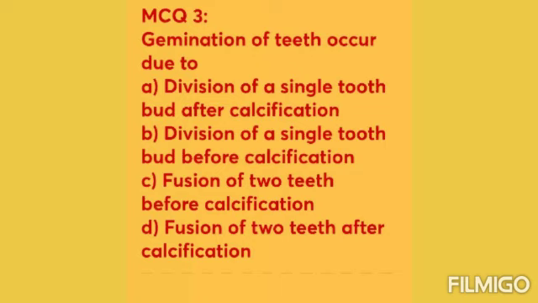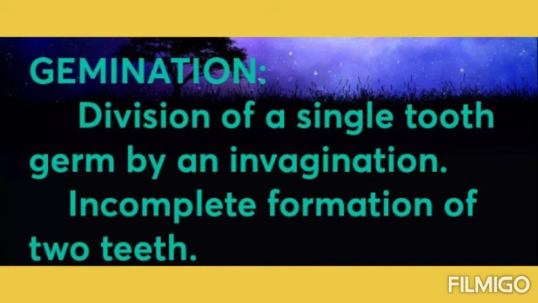The third question is, gemination of the teeth occurs due to option A division of a single tooth bud after calcification, option B division of a single tooth bud before calcification, option C fusion of two teeth before calcification, option D fusion of two teeth after calcification. So what is gemination?